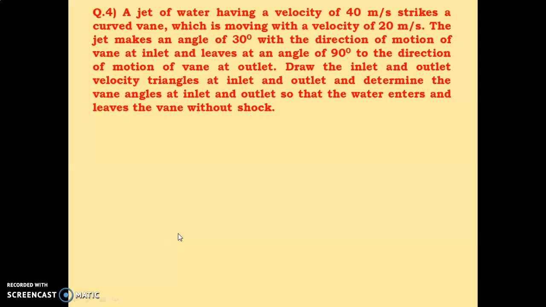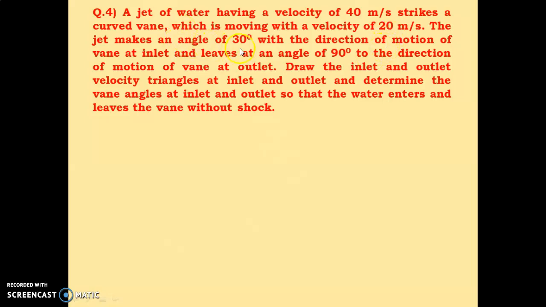A jet of water having a velocity of 40 meter per second strikes a curved vane which is moving with a velocity of 20 meter per second. So the velocity of the jet is 40 meter per second, capital V, and the velocity of plate is u, 20 meter per second.